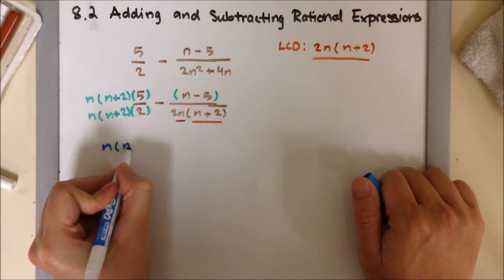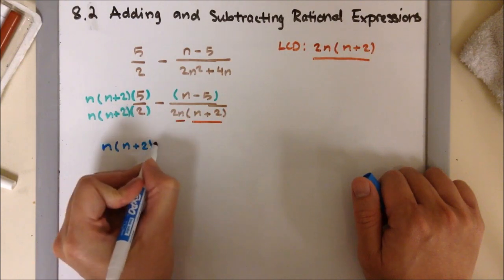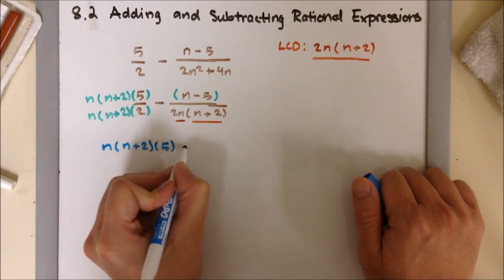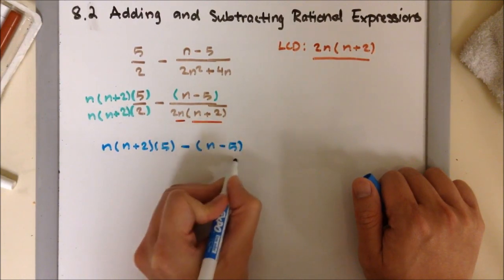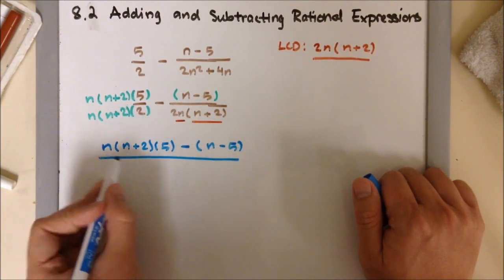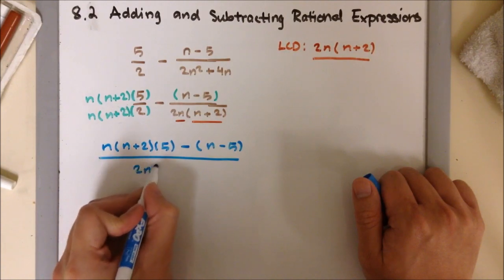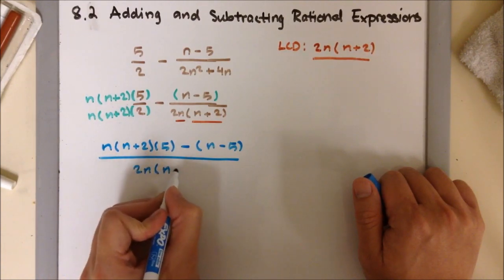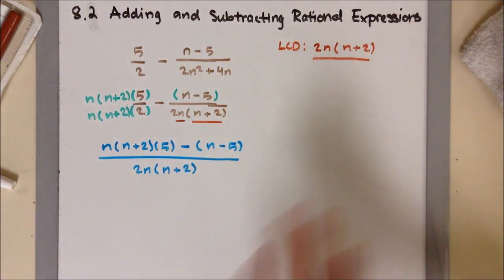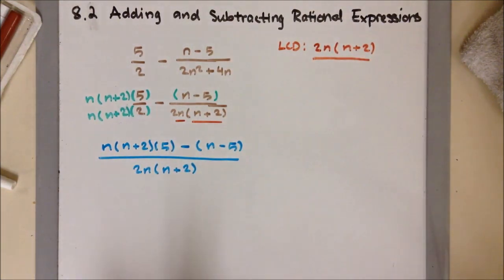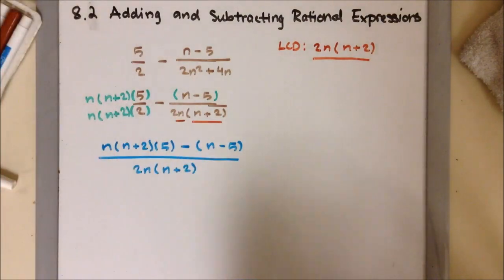So n times n plus 2 times 5, minus parenthesis n minus 5, over 2n times n plus 2. For this example, I'm going to take it step by step because we want to be very careful when we are working with subtraction.